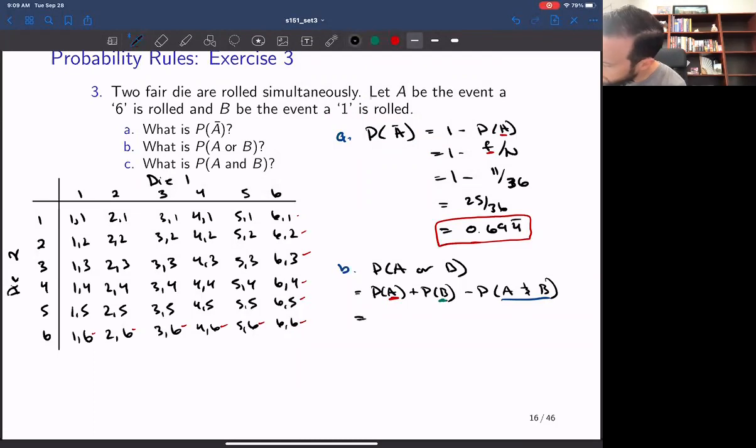So we know that this is going to be 11 over 36. B is the event that a 1 is rolled. So we have 1, 2, 3, 4, 5, 6, 7, 8, 9, 10, 11. So the probability of B is also 11 over 36.